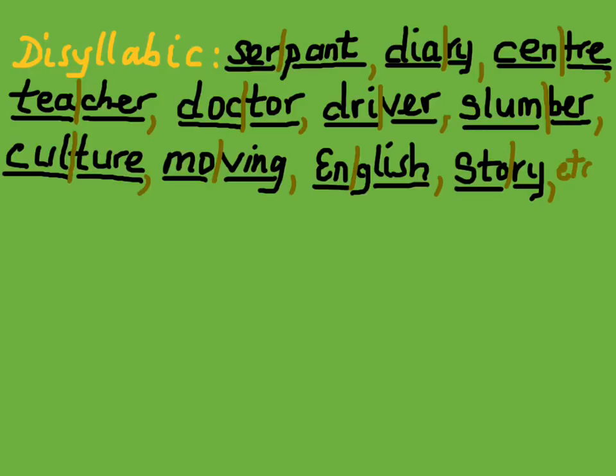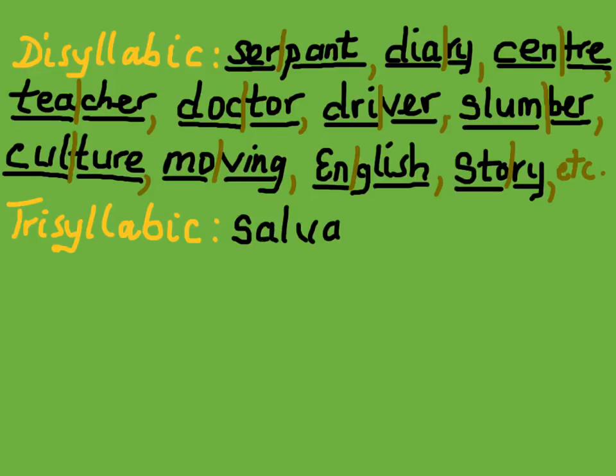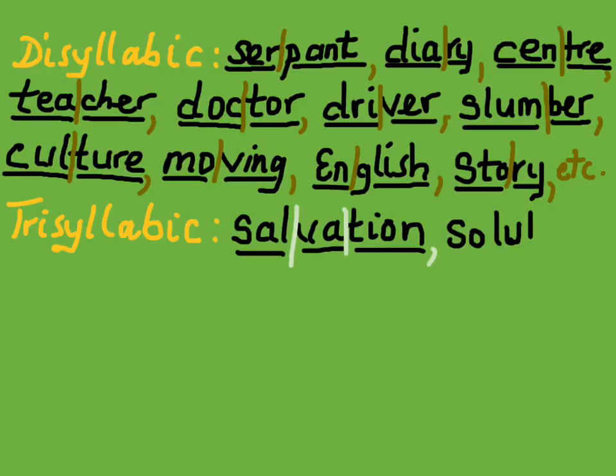Story is another word. So, when pronouncing a word that is disyllabic in nature, make sure that the first sound segments have that amount of energy that the other sound segments do not have.